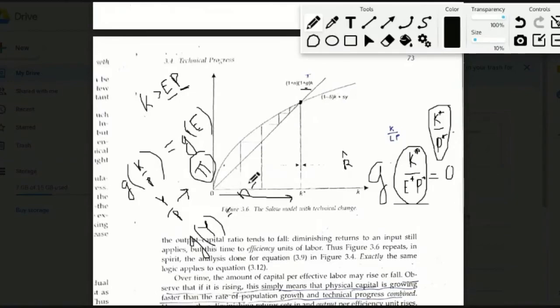So now the growth rate of output, which is the absolute level of output, not the small y but the capital Y, which was earlier only growing at the rate of population growth rate, will now grow at the combined growth of the population as well as the technical progress. So basically the growth rate of effective labor will be equal to the growth rate of total output. So this is how the results will change when we introduce technical progress into the Solow model.